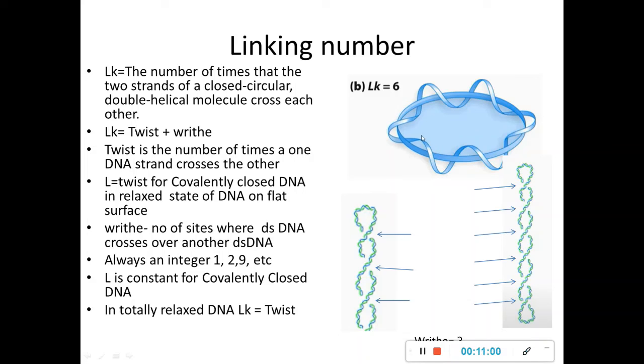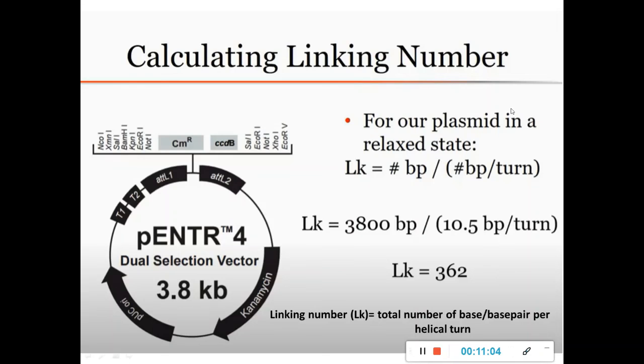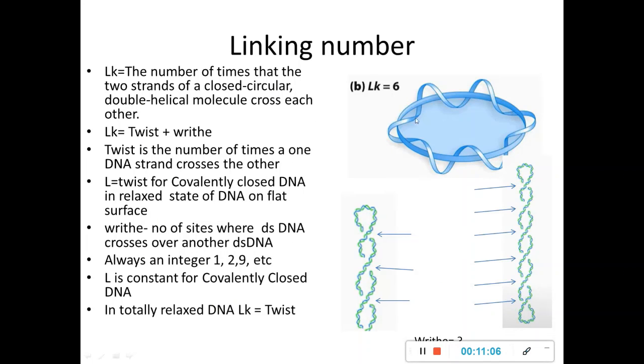Now look here, you have a double-stranded DNA over here, but the double strand is not crossed over each other, so the writhe is found to be 0 in the first figure. But now coming to this particular figure, you see, the double-stranded DNA is crossed over at 3 different sites.